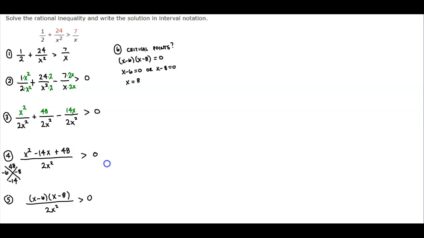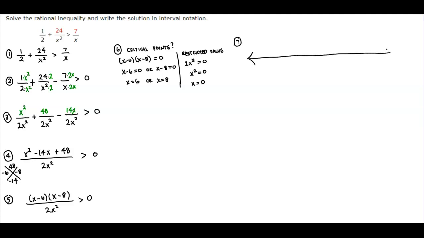So x is equal to 6, or x is equal to 8. And then in the denominator, we have a restricted value. We have 2x squared equal to 0. If we divide both sides by 2, we get x squared equals 0. If we take the square root of both sides, we get x is equal to 0. So therefore, we have 3 critical points.